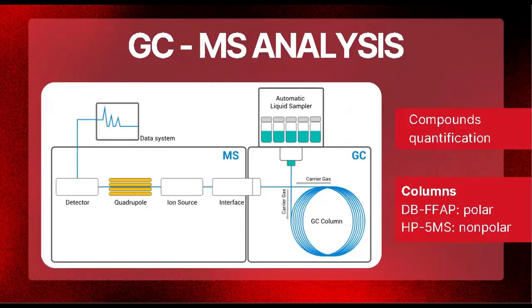In GC-MS, the analytical columns were a DB-FFAP polar column and an HP-5MS nonpolar column. The front inlet was programmed in splitless mode for SPE, and the oven temperature was initially held at 50 degrees Celsius for 2 minutes, then raised to 230 degrees Celsius at 6 degrees Celsius per minute and held for 15 minutes.